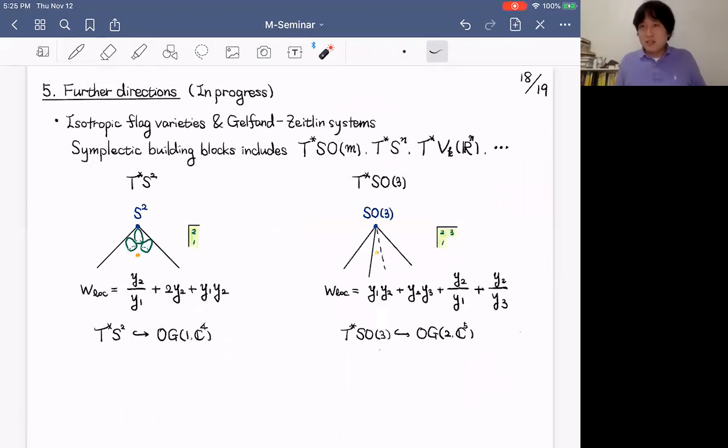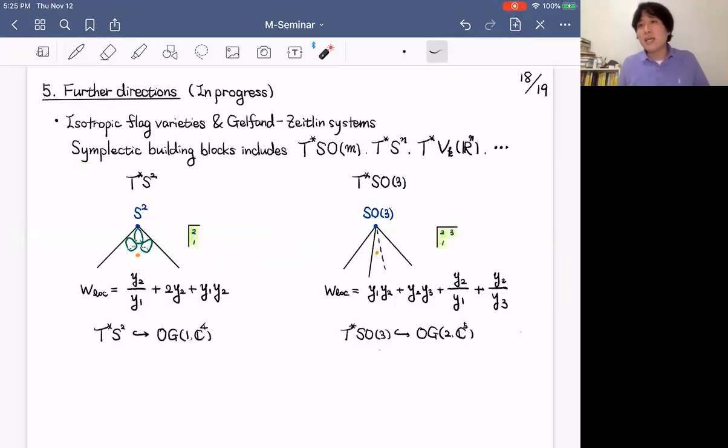Okay, then let's talk about the further direction. We have the isotropic flag varieties and the Johann differences, and I also want to understand the more general situation. The quadric hypersurface, T-star S2 and T-star S1 model, is going to be one of the building blocks for understanding isotropic flag varieties.